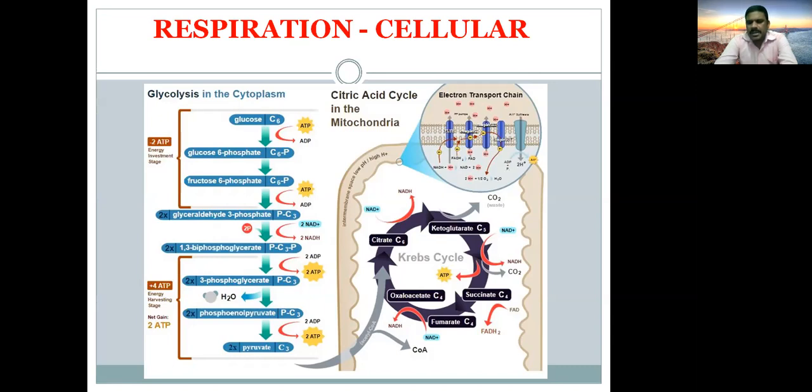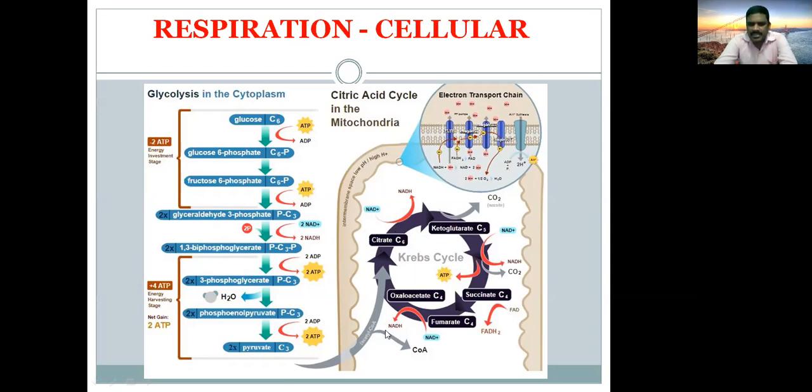Now these 2 simpler molecules, pyruvic acids, will enter into the mitochondria. After entering the mitochondria, undergoing some other changes, the pyruvic acids will enter the Krebs cycle. Where does this Krebs cycle occur? The Krebs cycle occurs in the matrix of the mitochondria.